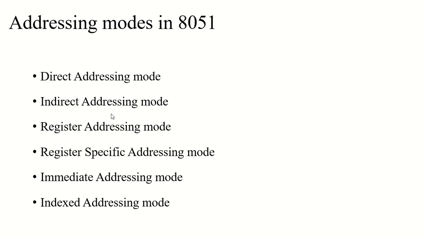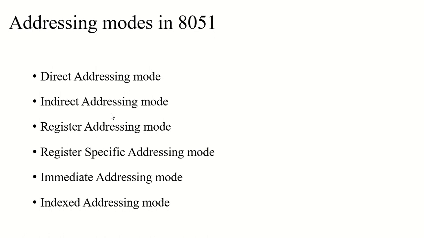Only registers R0 and R1 can be used for indirect register addressing. If R2 to R7 are used, then the assembler will give you a signal saying invalid instruction. So you can only use R0 and R1 for indirect addressing, and we are going to see that in detail in an upcoming class.